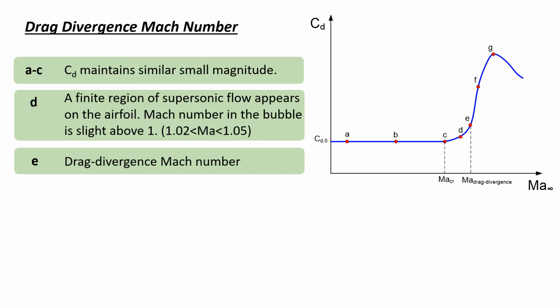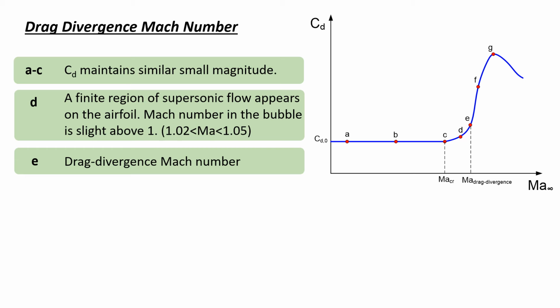But if divergence happens, it means that the residue will blow up. It's the same for the drag coefficient. If the drag starts to increase, to blow up, we call it drag divergence. There's a divergence happening. That's why we call it drag divergence Mach number.